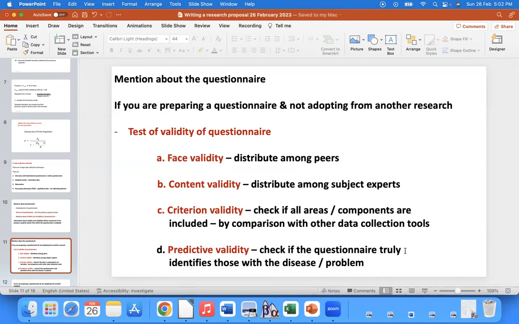So predictive validity, you are doing this study among medical students now, and you identified that maybe 10 students are having depression at present. Okay, so you identified that 10% are having depressive symptoms now. Maybe next year they are passing out, they are becoming housemen and starting work somewhere like that.